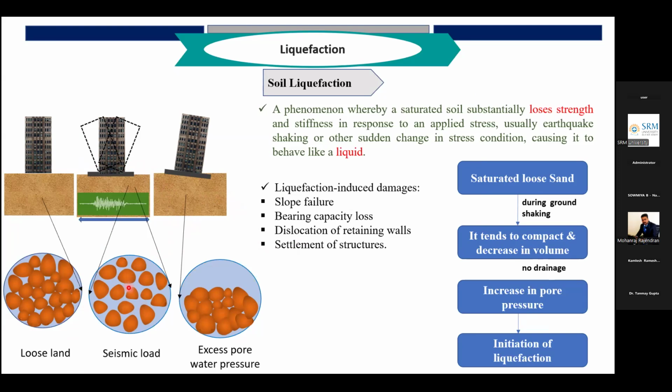The increased pore pressure reduces the effective overburden pressure of the soil, and thereby it acts almost like a liquid. Your supporting system, the existing building resting on the soil, is on soil that is already in a liquid state, subject to huge failure in terms of settlement, overturning or sliding. So it is a very important aspect at the time of an earthquake.